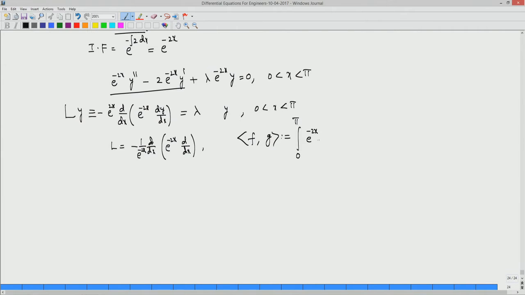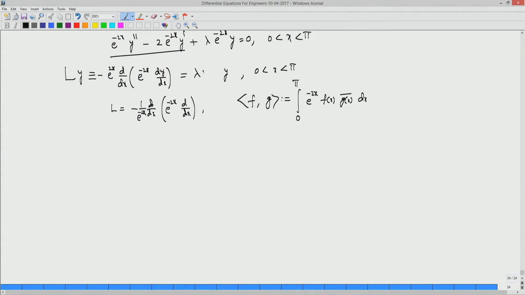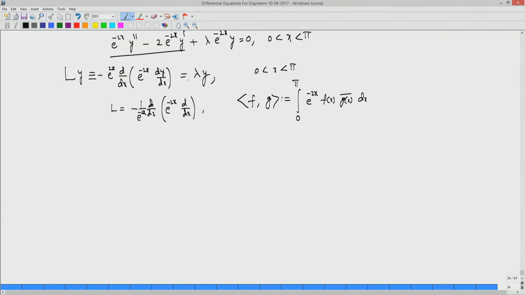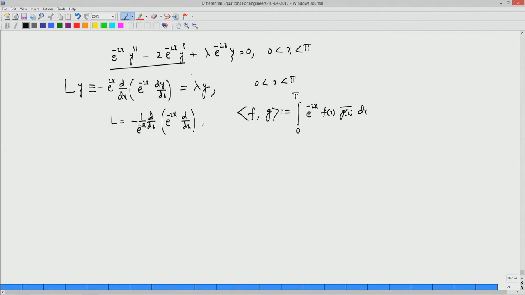The dot product is the integral of w into f(x) g(x) bar dx. So, this is your Sturm-Liouville equation Ly equal to lambda y as an eigenvalue problem, and you need to find the eigenvalues and eigenfunctions.